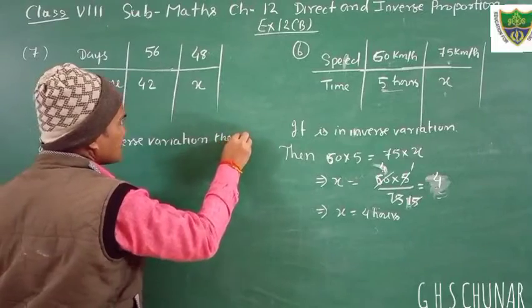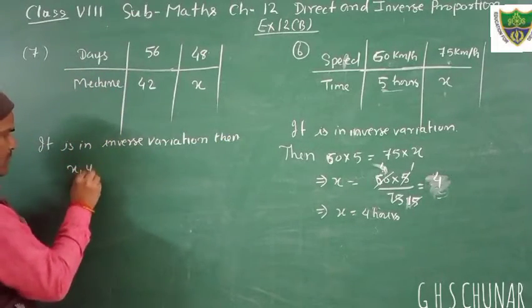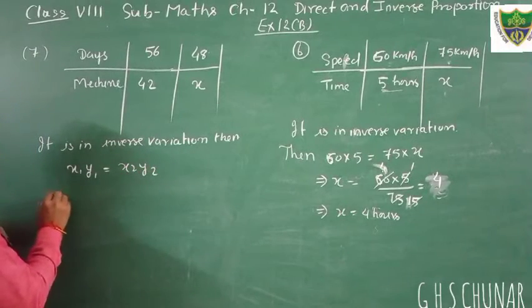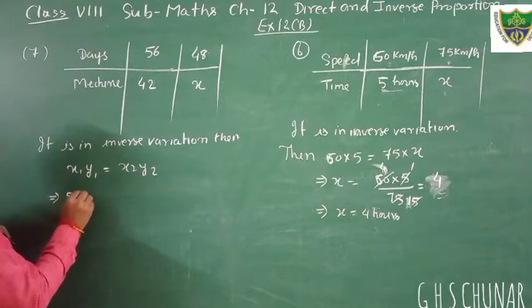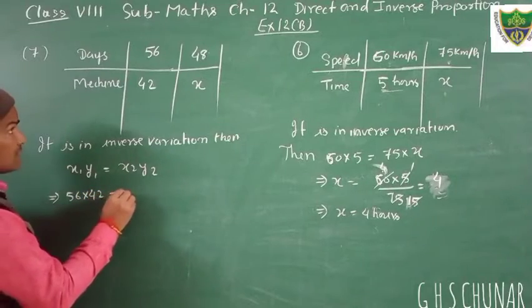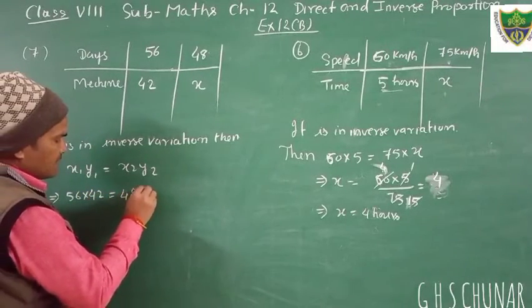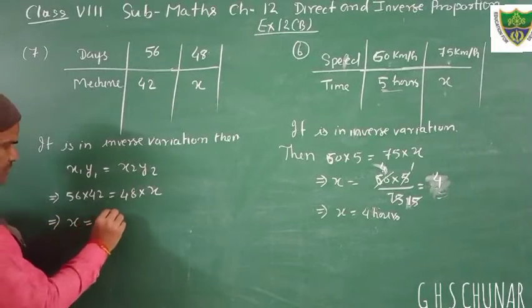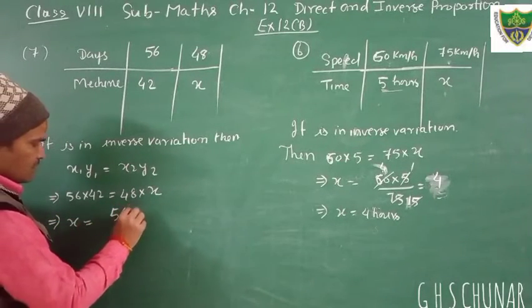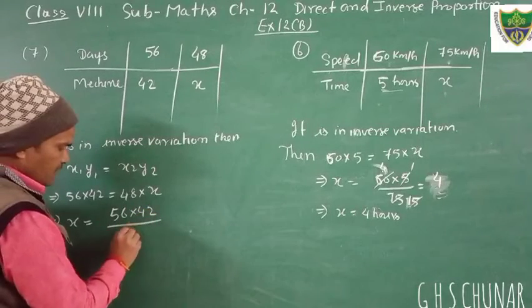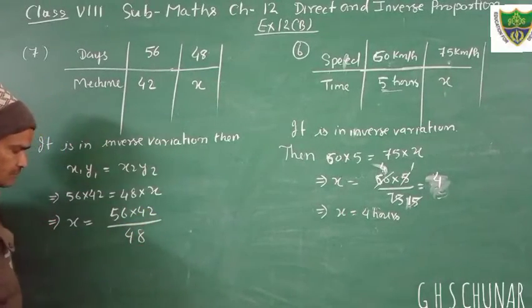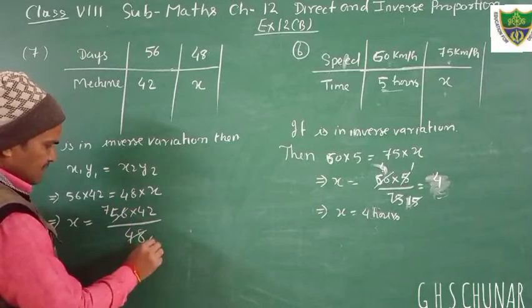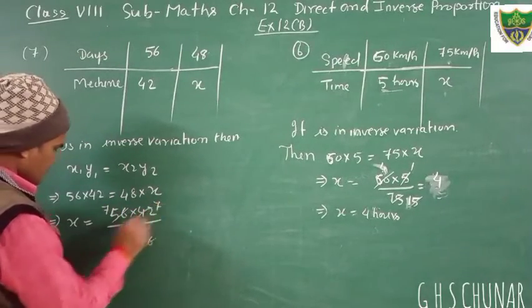Then x1 y1 is equal to x2 y2, that is 56 multiplied by 42 is equal to 48 multiplied by x. This implies x is equal to 56 into 42 upon 48. 8 7s are 56, 8 6s are 48, 6 7s are 42.